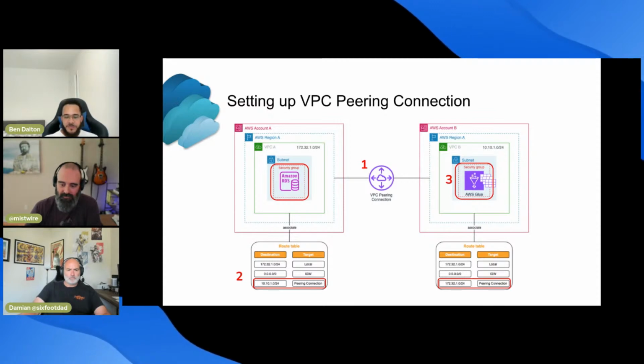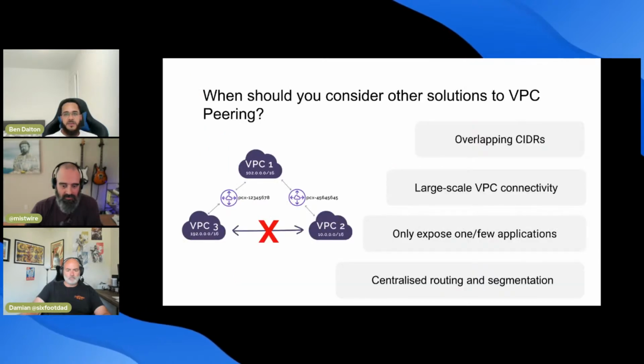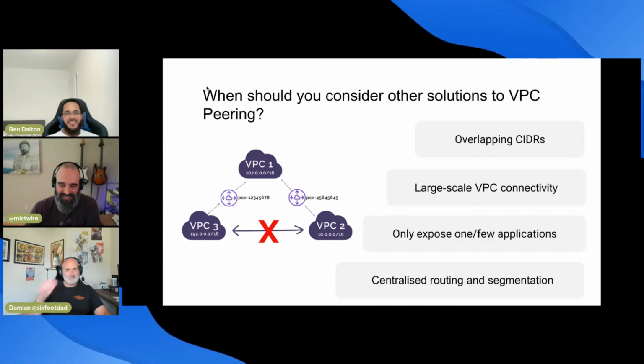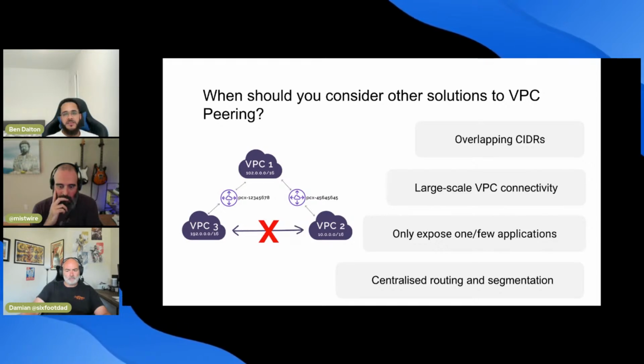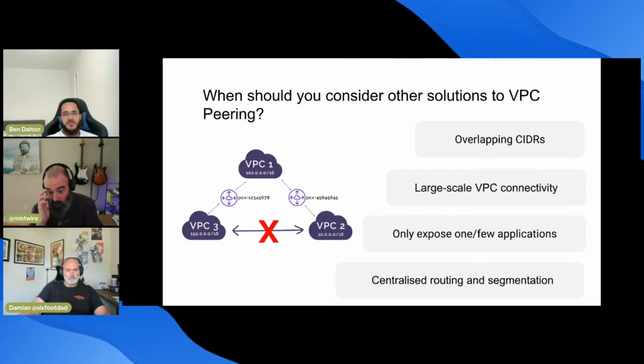Awesome. And yeah, right here. So VPC peering is not always the best solution for accessing different resources across VPCs.